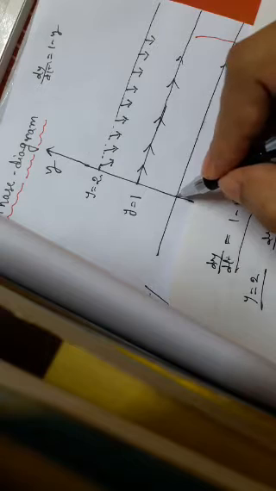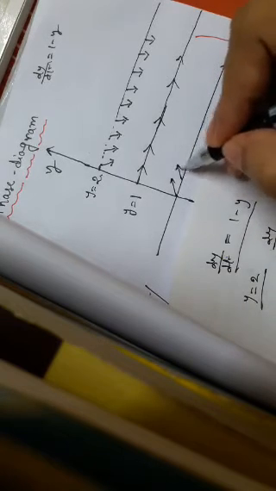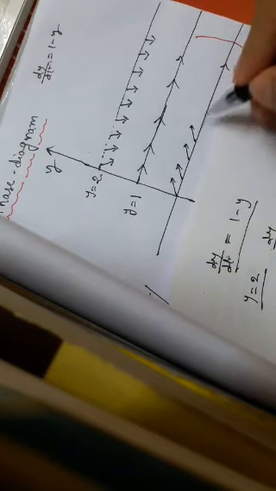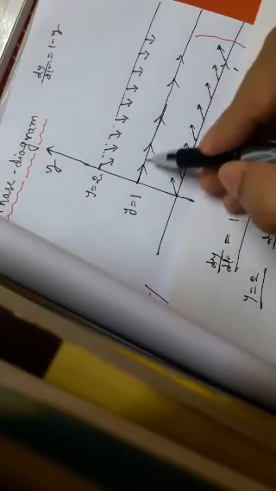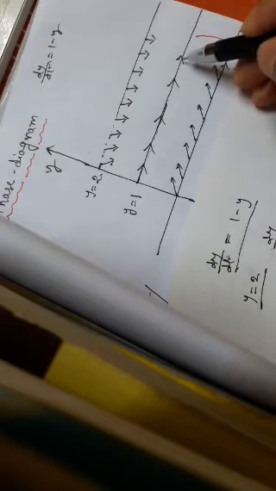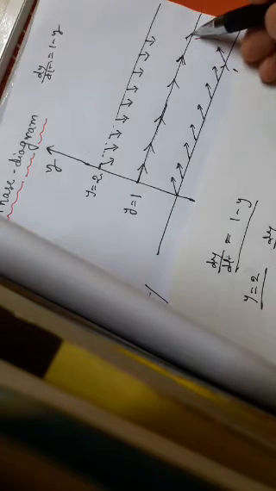So like this, slope will be. So this differential equation has only one steady state solution, that is y is equal to 1.